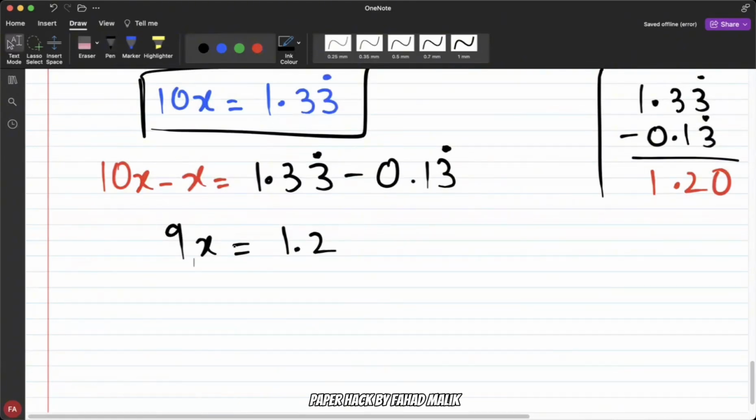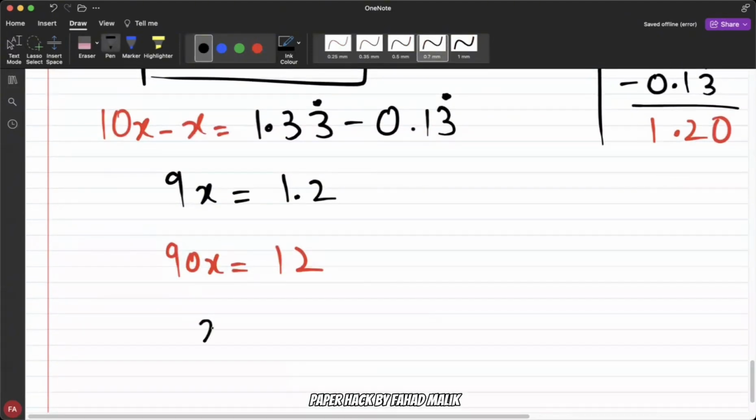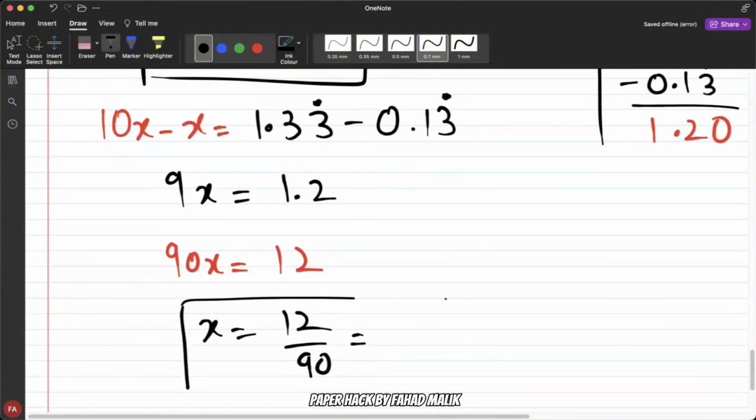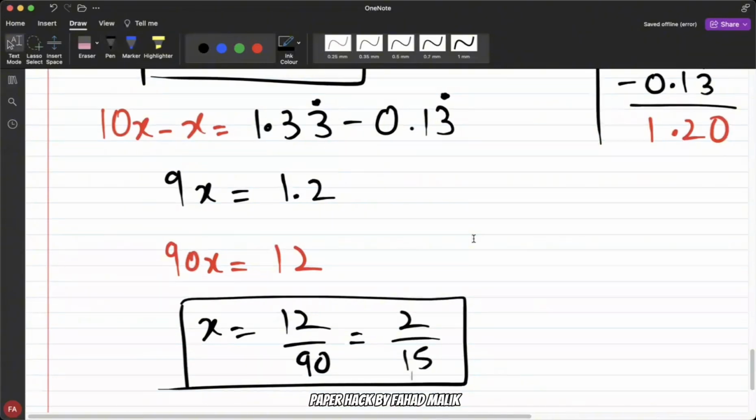So in these kinds of questions, it is usually advisable to multiply this by another 10. If I did, that's going to leave me with 90x equals 12, because I'm multiplying by 10 on both sides. That means I can write it down as 12 over 90, and this would simplify to 2 over 15. So that's going to be my final answer.